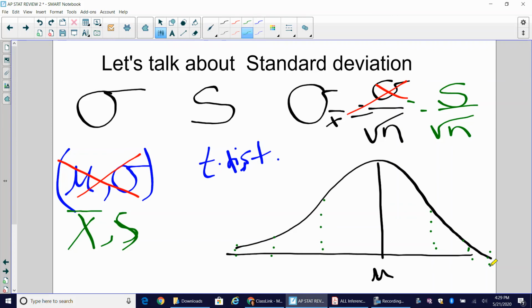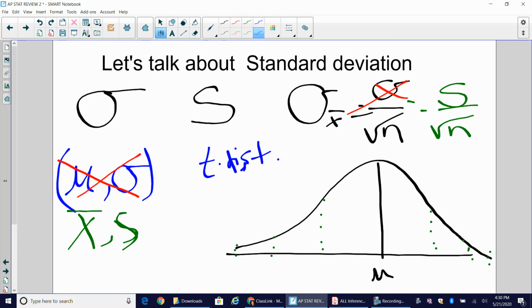It's a generalization. The t-distribution is saying, wait a minute, we are estimating two parameters. We're not only estimating the population mean by using x bar, we're also now estimating the population standard deviation by using s, our sample standard deviation. We're going to need to allow for sampling error.